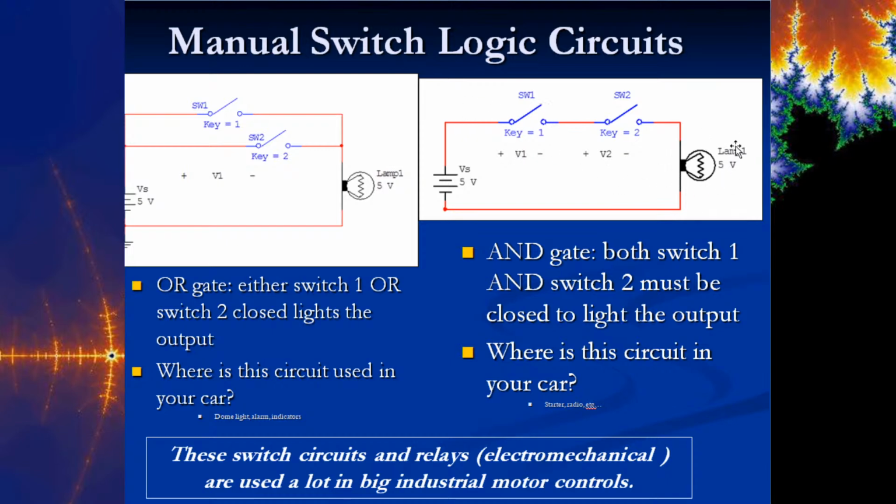So to make this lamp work, listen to how I say this, switch 1 and switch 2 have to be closed for this to work. The key word there is right in the middle. It's and. This is essentially the switch representation of a logical and. This will not turn on unless both of these are closed. It doesn't matter if just switch 2 is on. It doesn't matter if just switch 1 is on. It has to be both of them for this to turn on. That is an and situation.